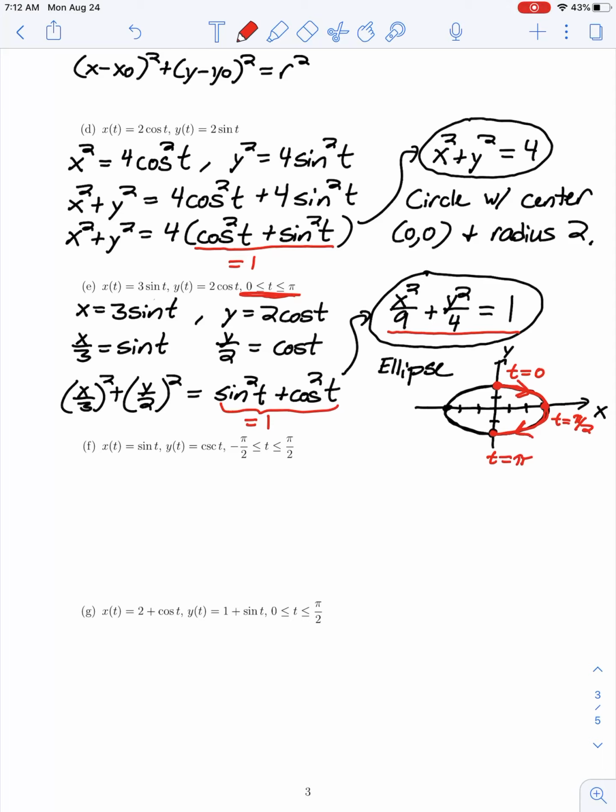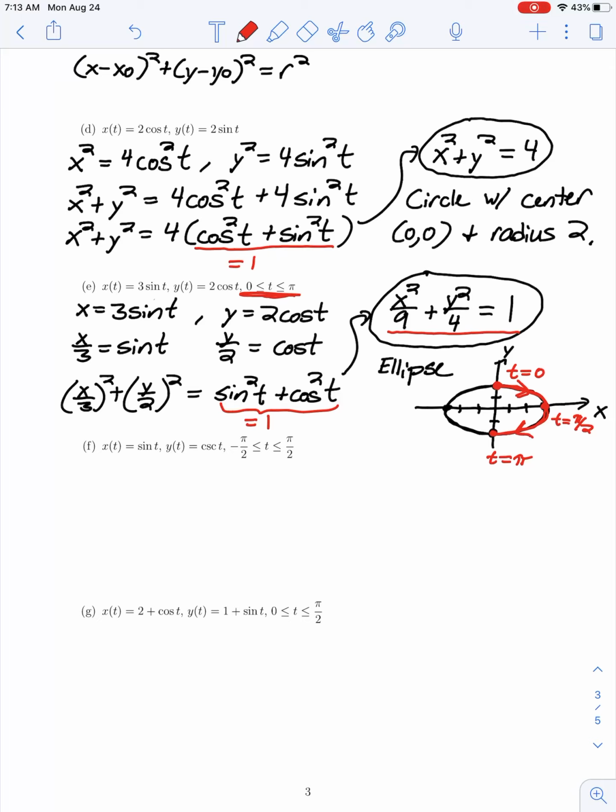All right. So let's look at some other ones. In part F, we have x is sine of t and y is cosecant t, as t is within the interval from negative pi over 2 to pi over 2. So here we no longer have trig functions involving sine and cosine, but sine and cosecant.